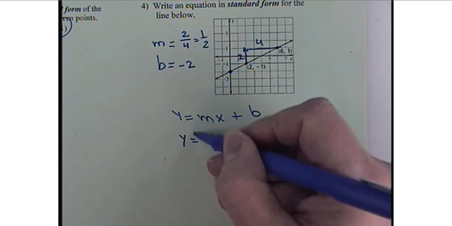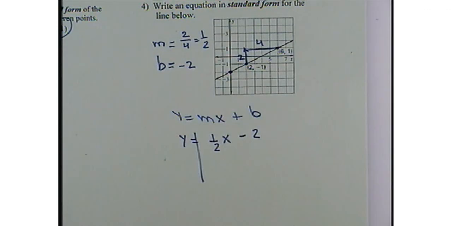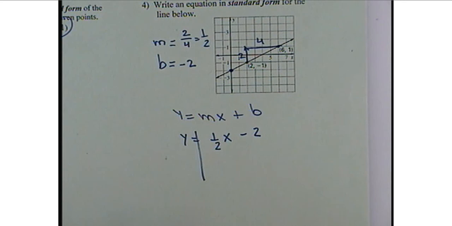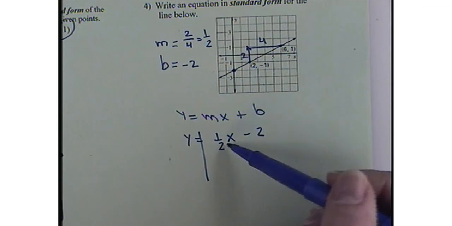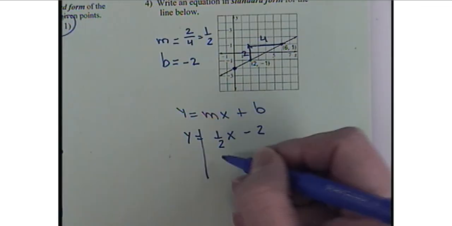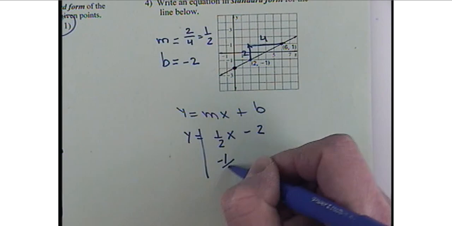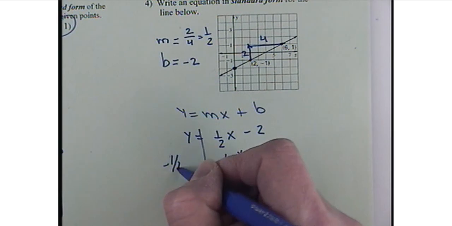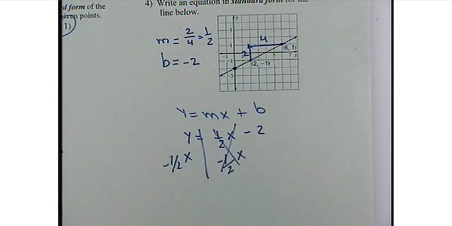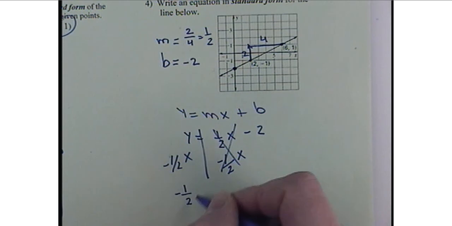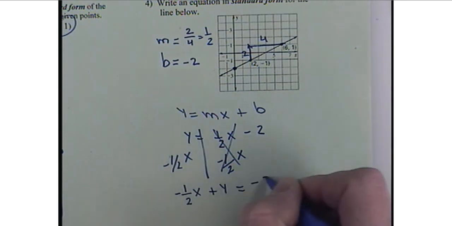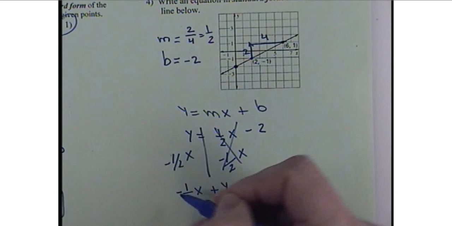Well, look at this. I don't have any numbers, any distributive property, anything like that to work with and make my life complicated. I just need to move this x term to the left. So I'm going to subtract 1/2 x from both sides. Those two cancel, and I get negative 1/2 x plus y equals negative 2. Well, this is a negative number.